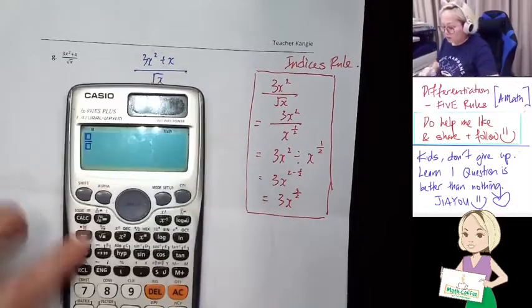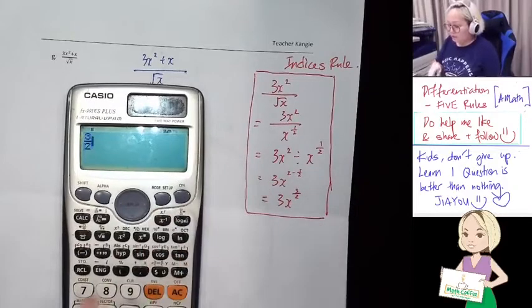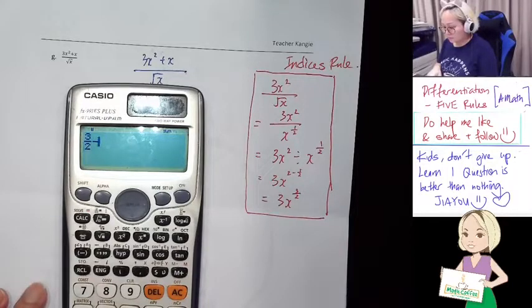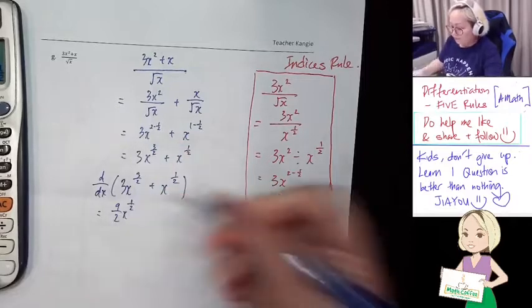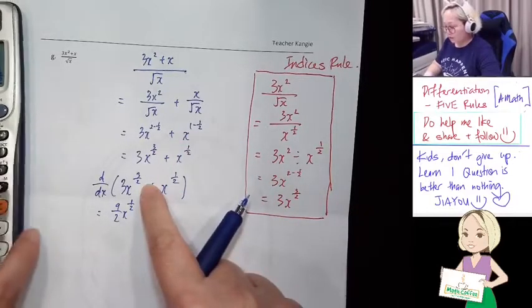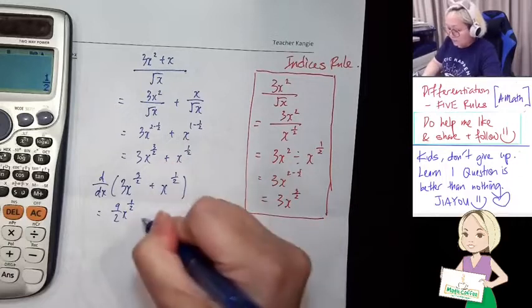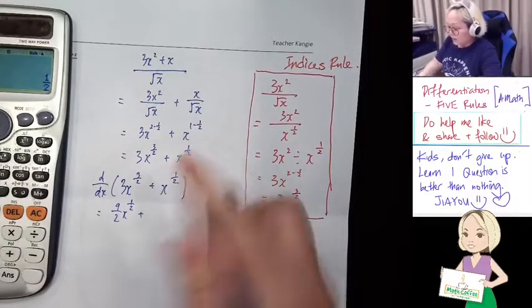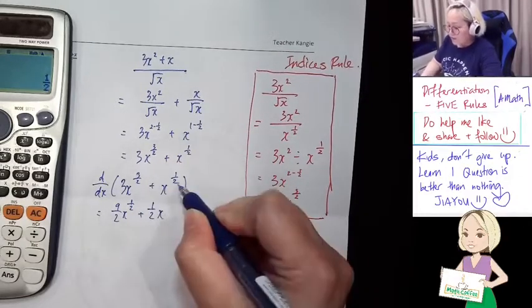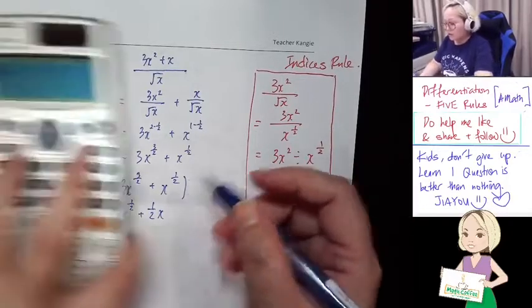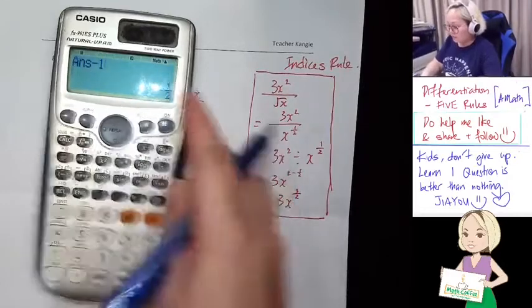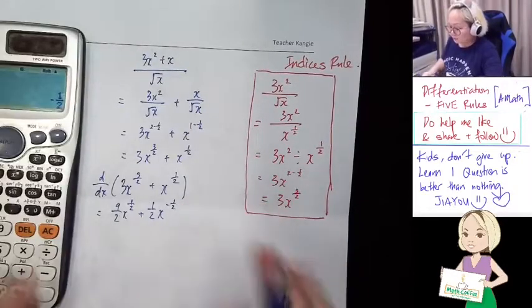Those who are not confident in fractions, just press the calculator. So over here, put half. 3 over 2 minus 1 is just half, plus power bring down, so it's half x to the power of half minus 1. So half minus 1 is negative half. So you just put minus half here.